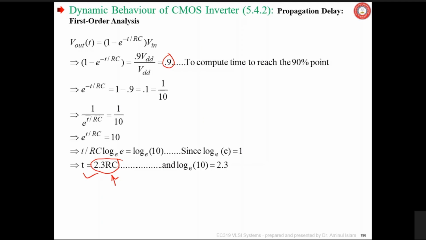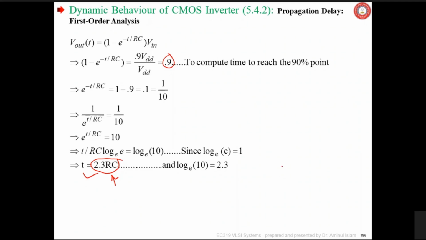If it rises only 50%, possibly the gate which has to be driven by this gate cannot understand it as a high value, because in the interconnect there will be noise also. If that noise goes in a negative direction, then it may be difficult.